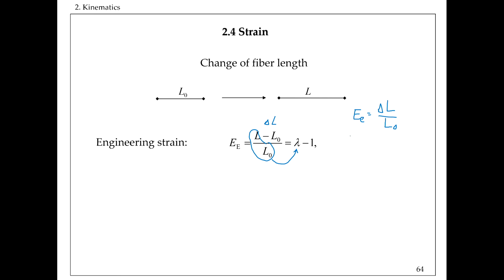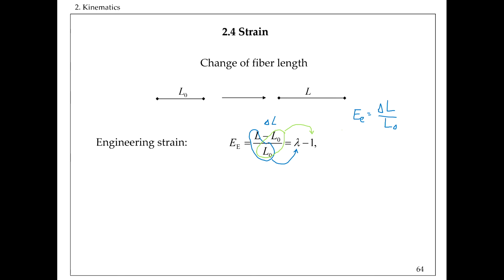And then the second part here, of course, when we divide L0 by L0, that of course produces 1. So you can define the engineering strain and relate it to the stretch ratio of that fiber, lambda, and that will be lambda minus 1.